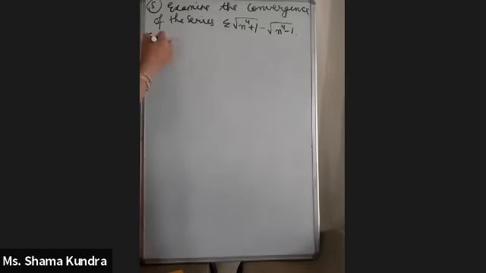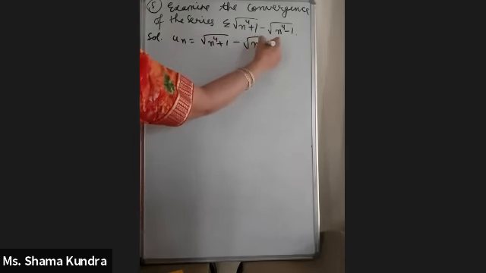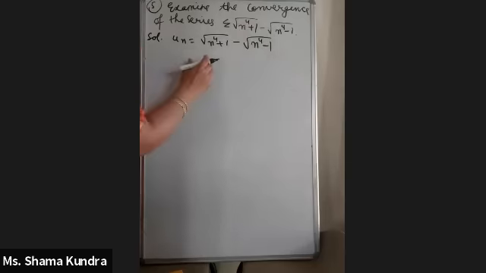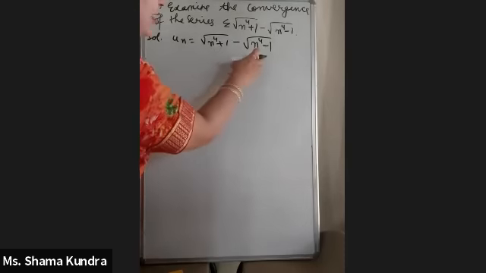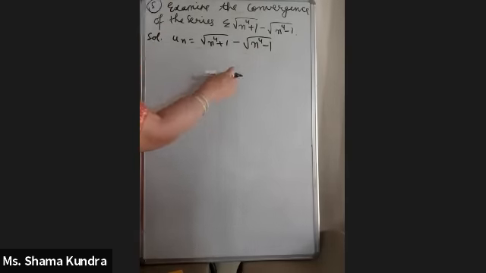Given un equals to under root of n raised to power 4 plus 1 minus under root of n raised to power 4 minus 1. It is of the form under root a minus under root b. So we have to rationalize it. On rationalization, what we will get?